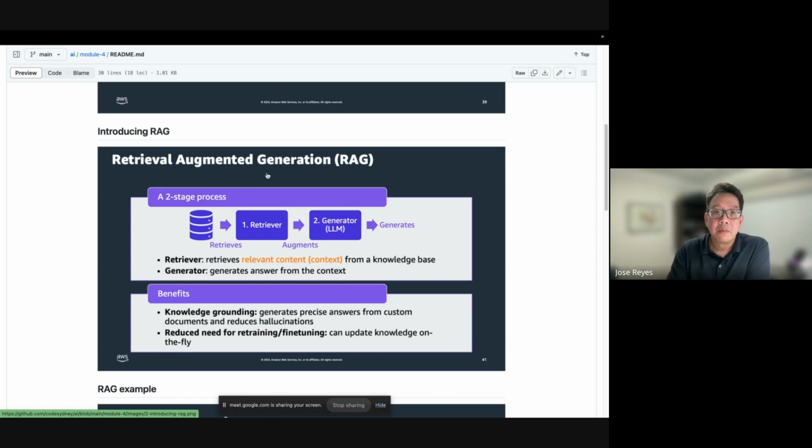The first step is basically to do a retrieval operation, right? And that retrieval operation means that we're actually retrieving something from the vector database. We receive the question from the user, and then we send it to the vector database.